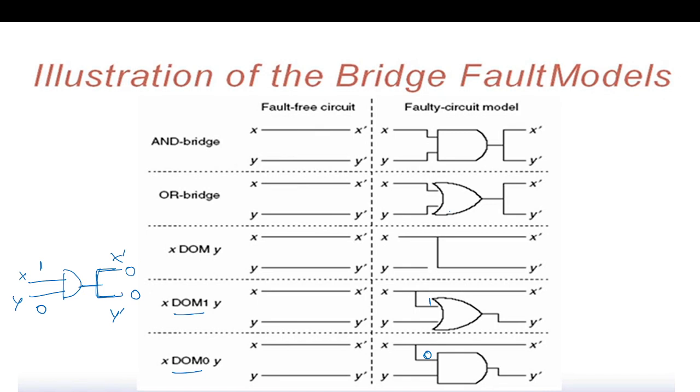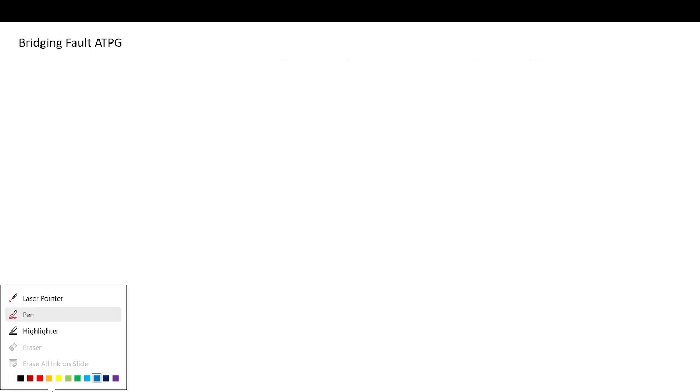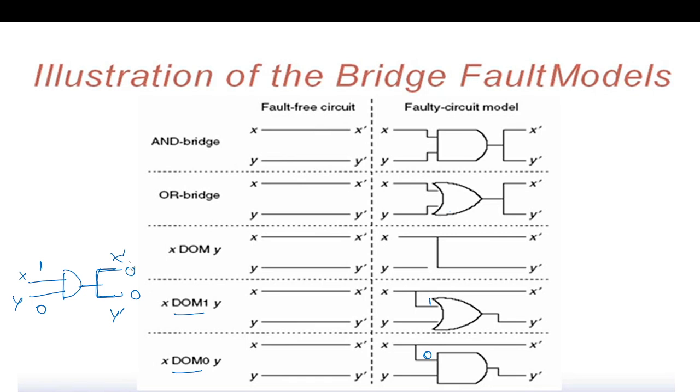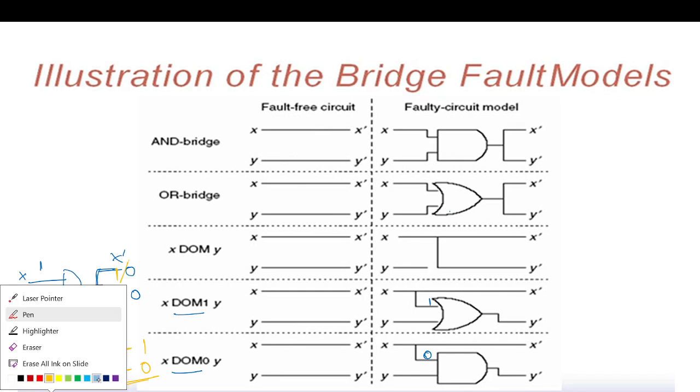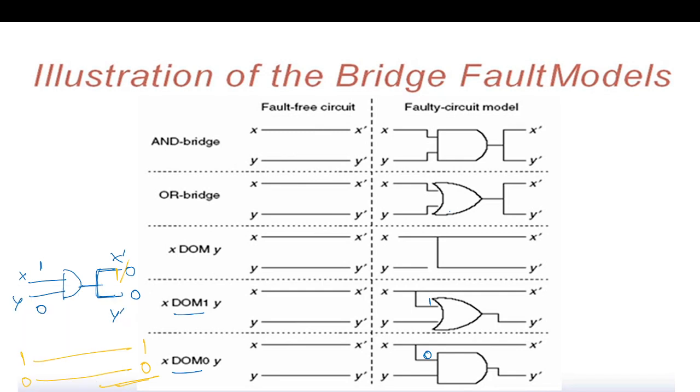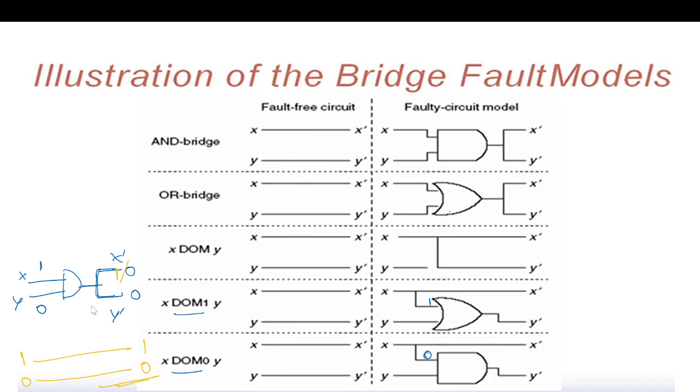But the true value should have been 1, because the line was like this. If it is 1 0, it should be 1 0. So in this way we can detect these bridging faults. Any doubts here?